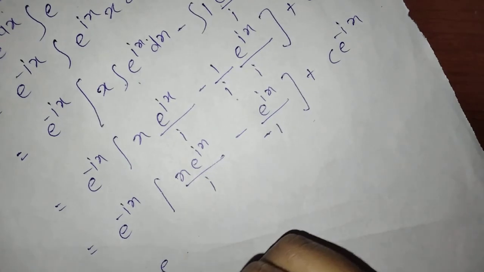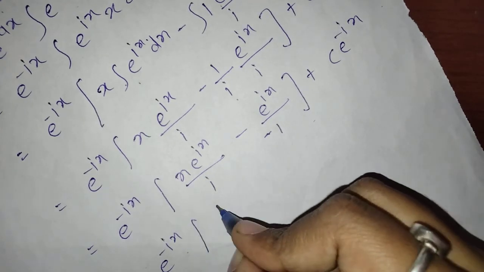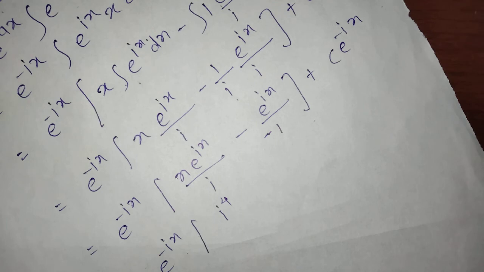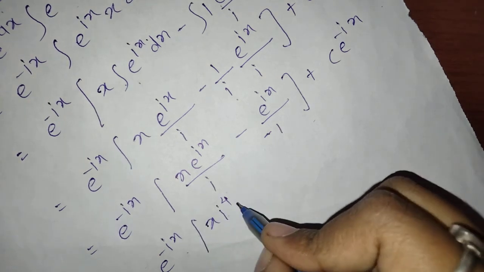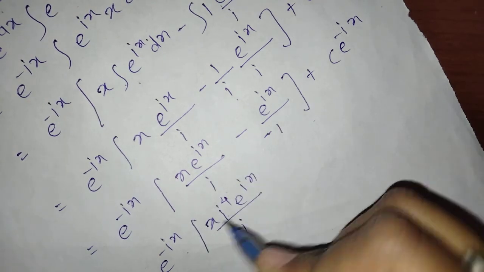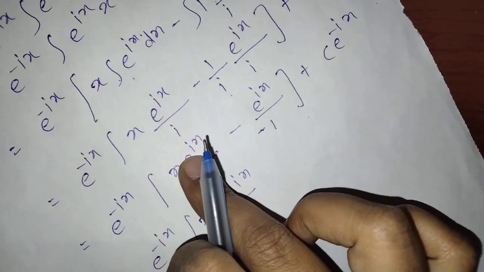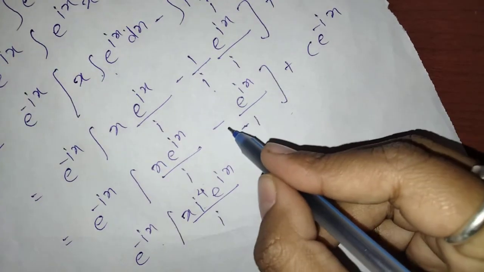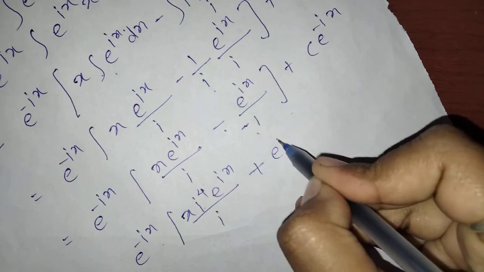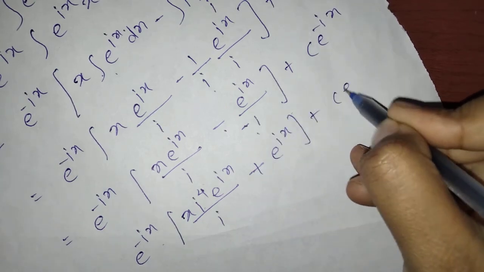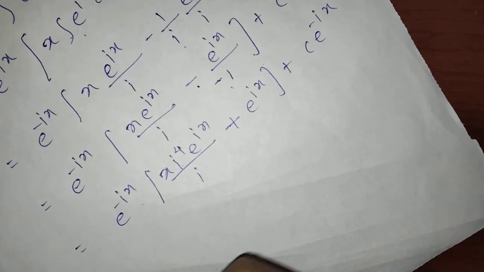Now e raised to minus ix, we know that i raised to 4 is plus 1. So x into i raised to 4 e raised to ix upon i, nothing to change in these two steps, and minus minus plus plus e raised to ix plus c into e raised to minus ix.